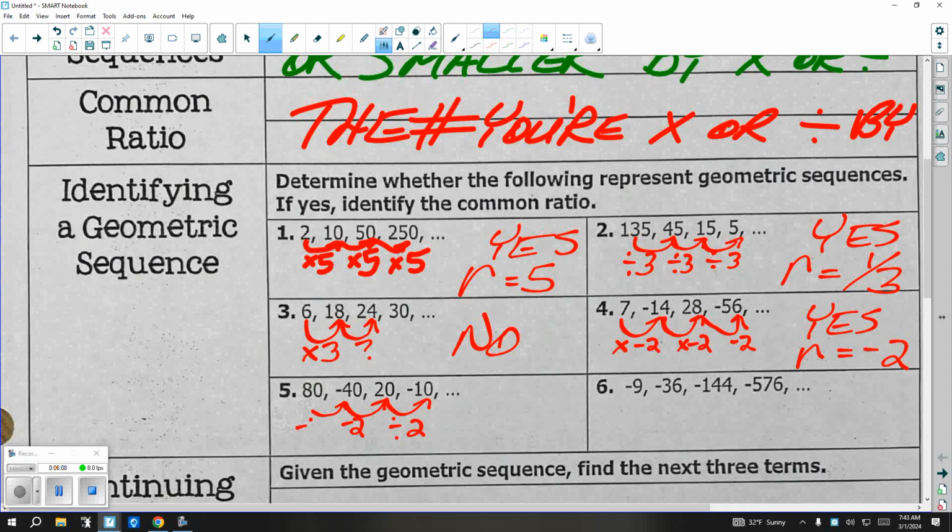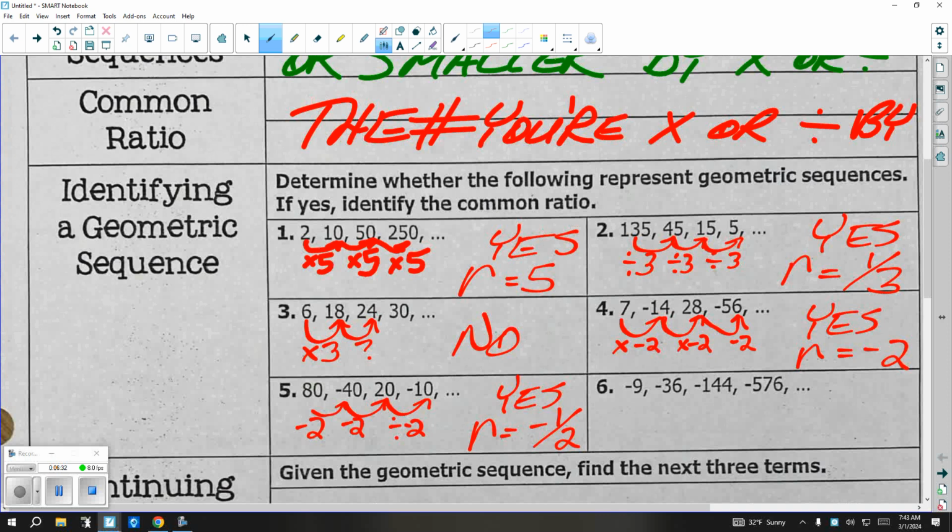So, yes, but since we're dividing by -2, we have to say that the ratio is -1/2, okay? Because when the numbers are getting smaller, yes, you're dividing, but you're really multiplying by the reciprocal.